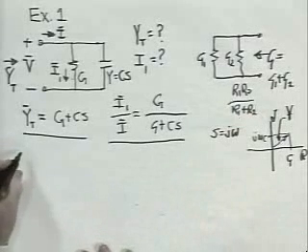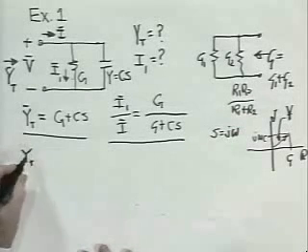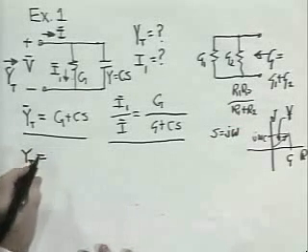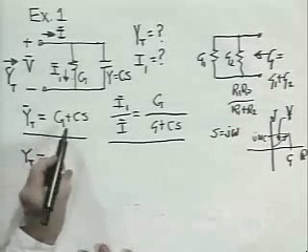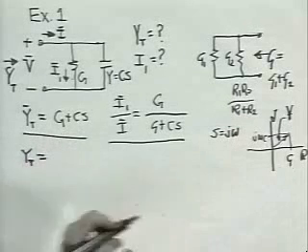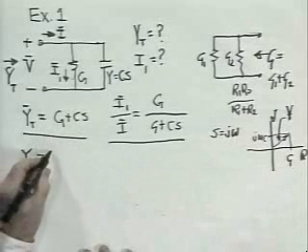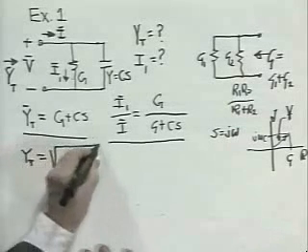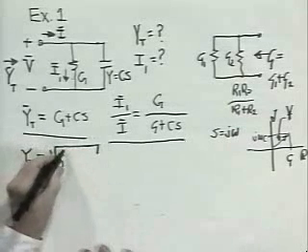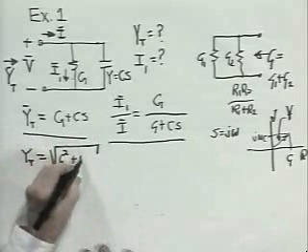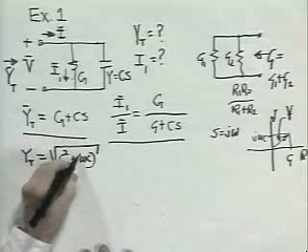If I put it in polar form, Y sub t equals the magnitude of this vector, which is the square root of the sum of the squares of the real and imaginary parts. That is the square root of G squared plus omega C squared.